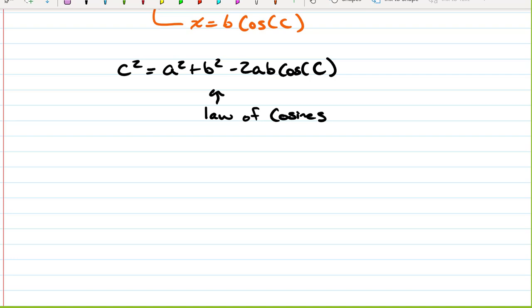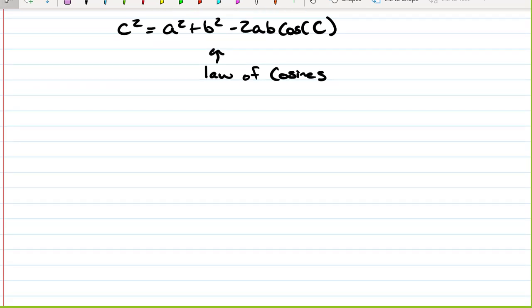So the law of cosines is a generalization of the Pythagorean theorem. The Pythagorean theorem only works for right triangles, whereas the law of cosines will work on any triangle. So this minus 2ab cosine C is the correction term for the triangle not being a right triangle.